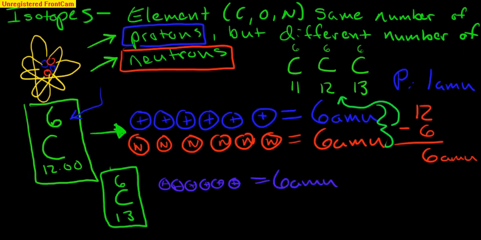Perfect. So what do we need to do to figure out how many neutrons are in this? Just simply do 13 minus 6, which is 7. That means we have 7 neutrons.